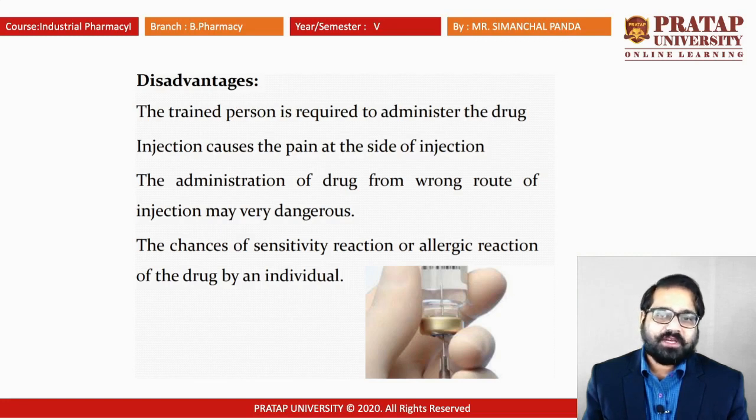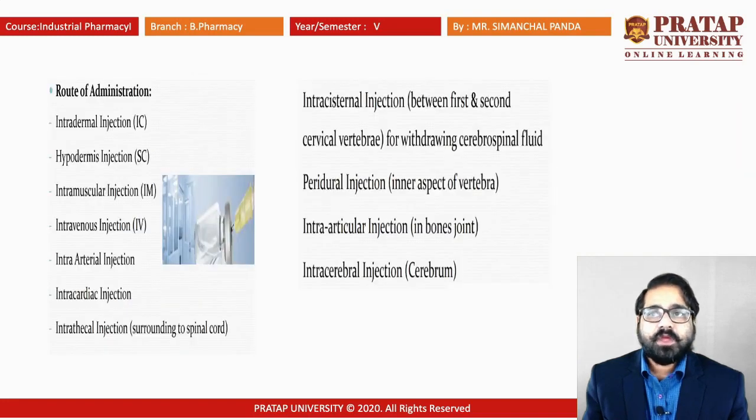But if it is given directly through the IV route, it is very difficult to neutralize. Also, if sensitivity or an allergic reaction takes place in an individual, there may be such chances if the drug is given through parenteral routes.